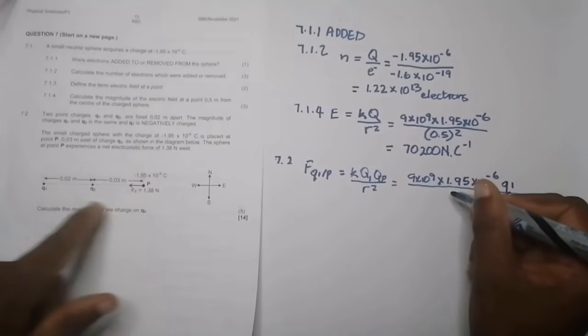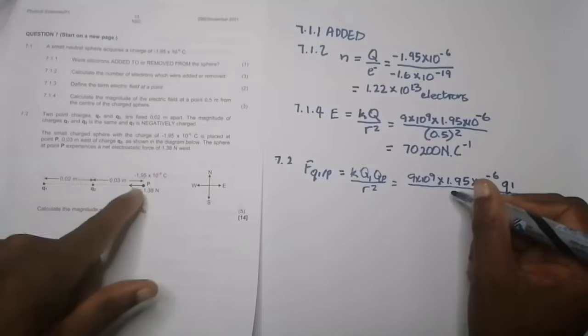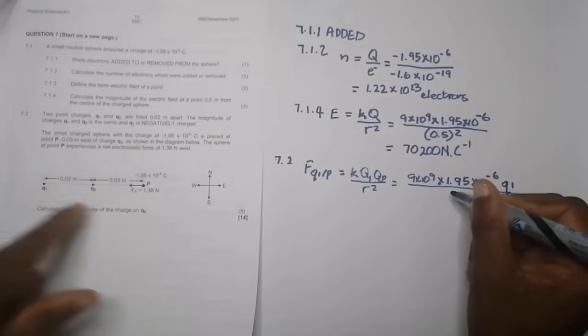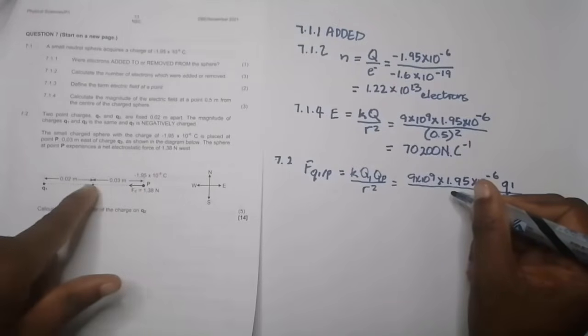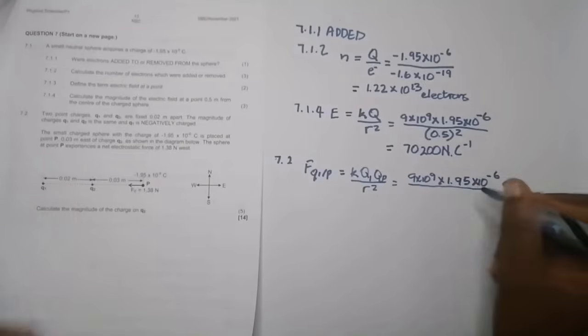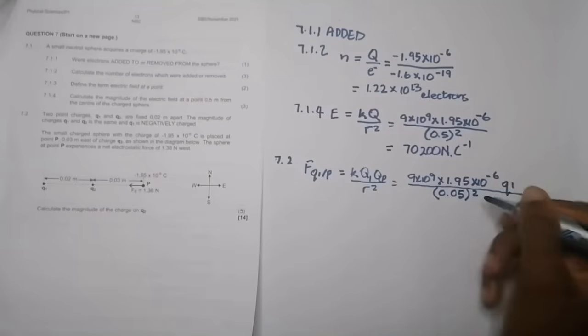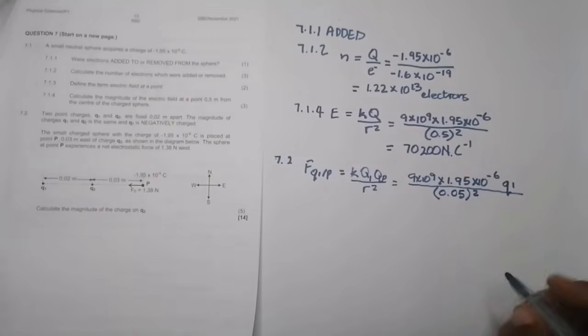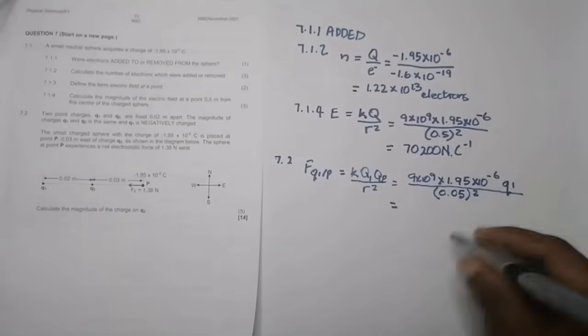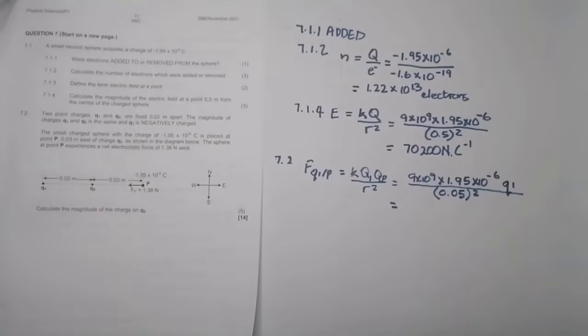Now the distance between P and Q1 is 0.03 plus 0.02, that would be a total of 0.05 meters. And obviously we can square that.